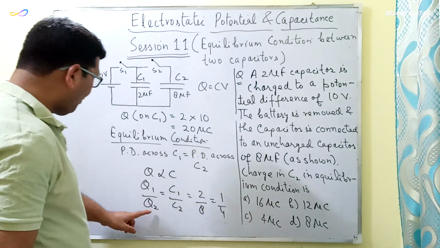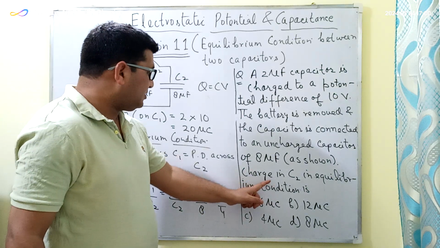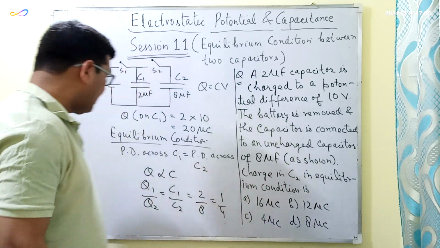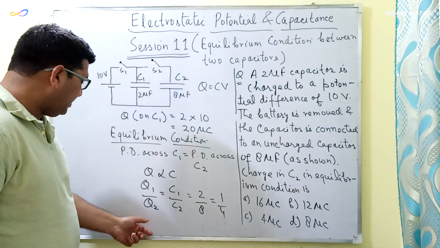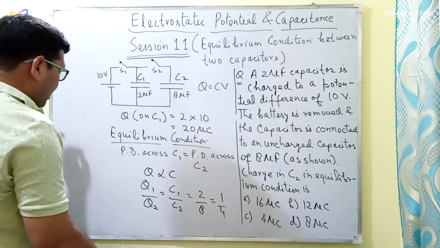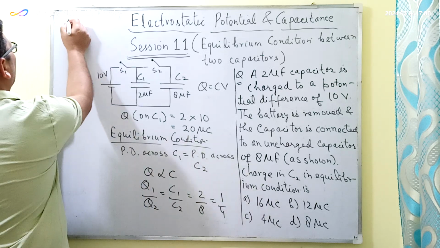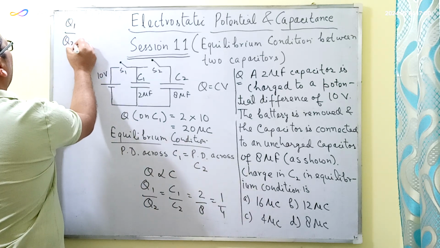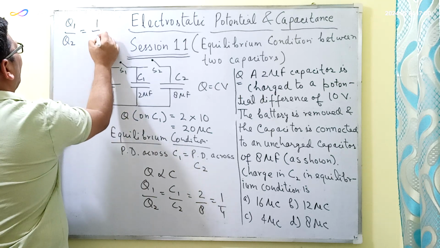Now we have to find the charge in C2 in the equilibrium condition, that is, we have to find the value of Q2. From this equation, Q1 upon Q2 is equal to 1 by 4.